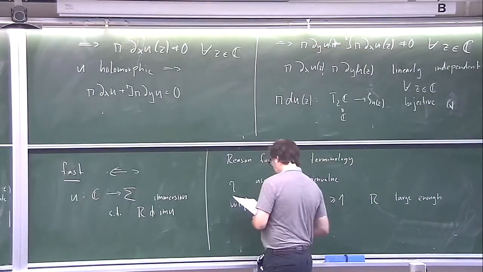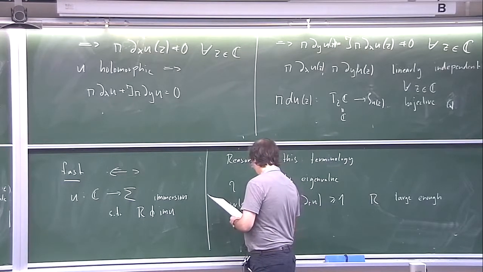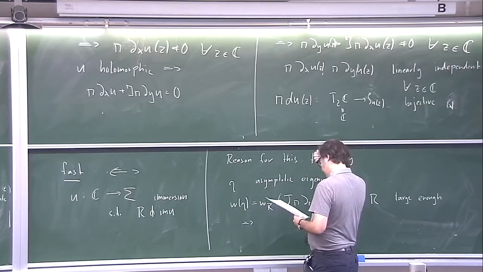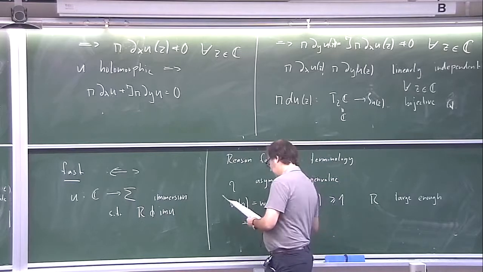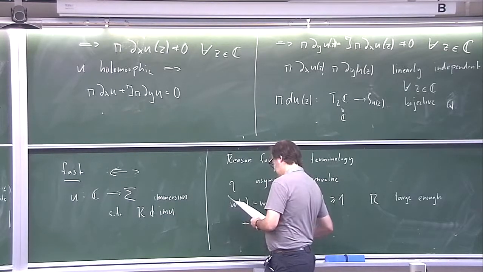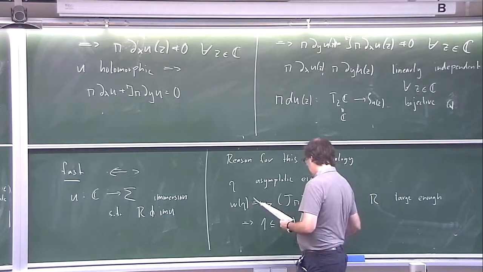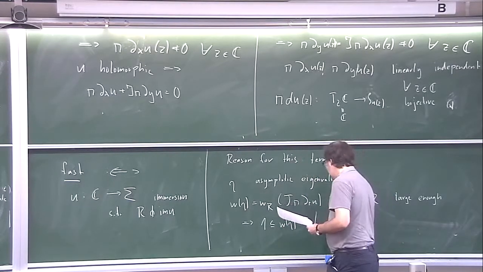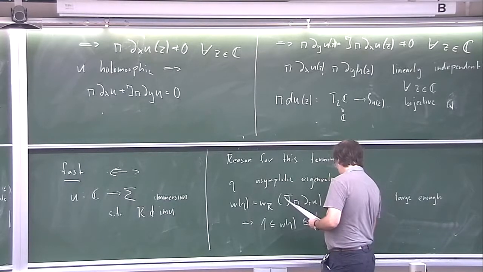Moreover, by the definition of the Conley-Zehnder index, we get that this asymptotic winding number of the eigenvalue is less than or equal to the integer part of half the Conley-Zehnder index of gamma.